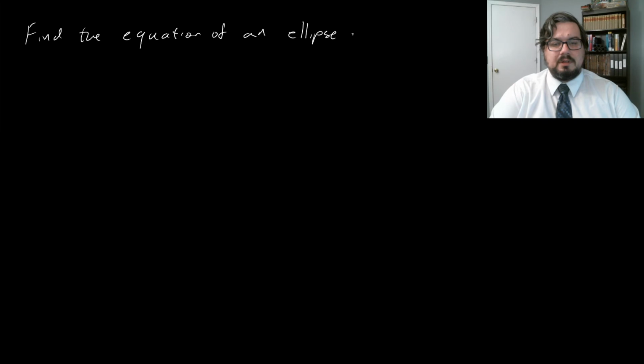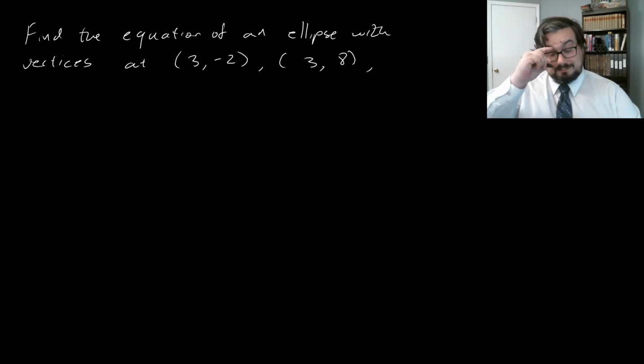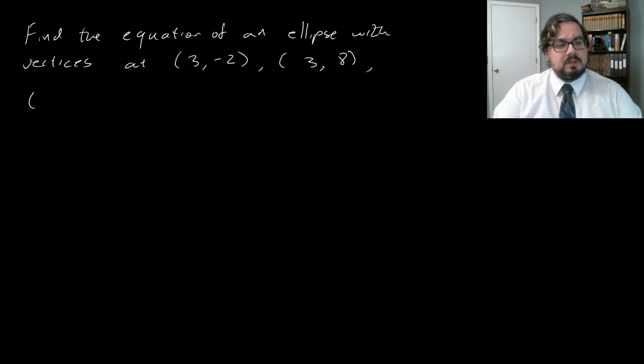On the other hand, we might say something like find the equation of an ellipse with vertices at 3 comma -2, 3 comma 8, 4 comma 3, and 2 comma 3.